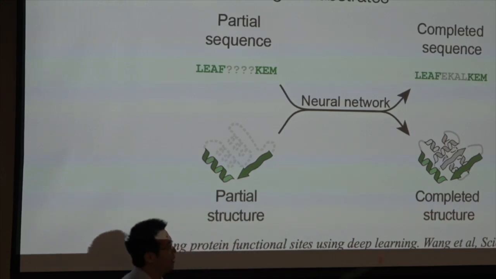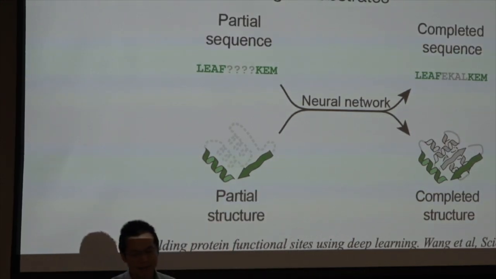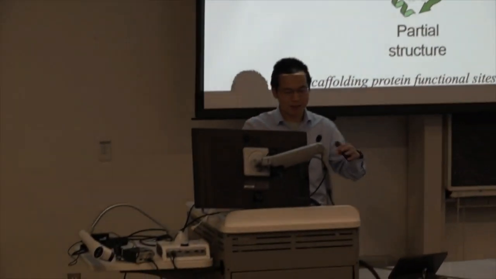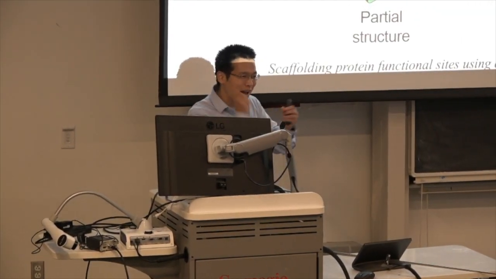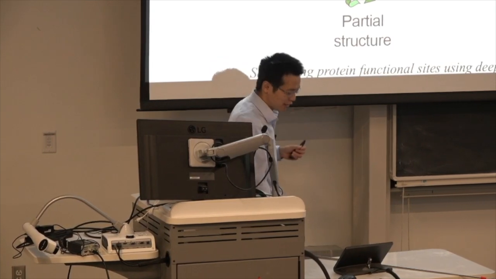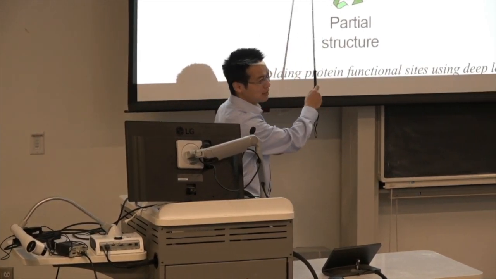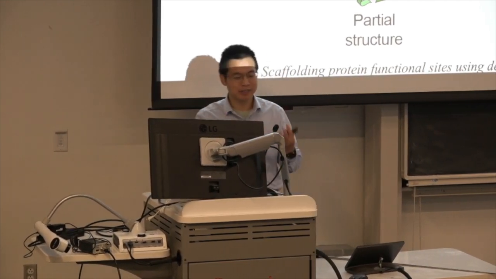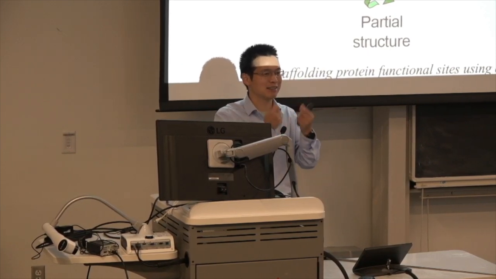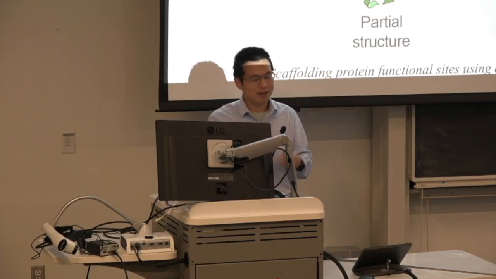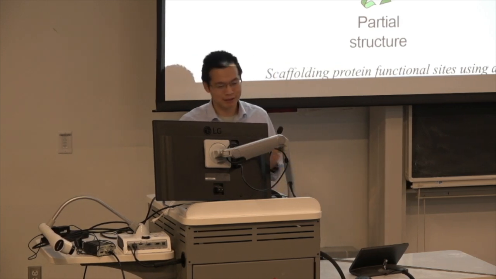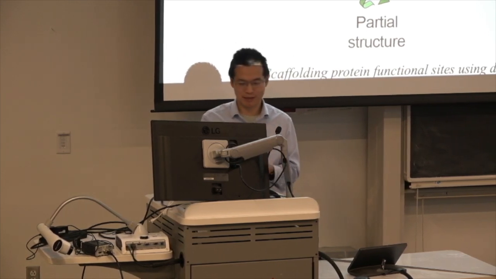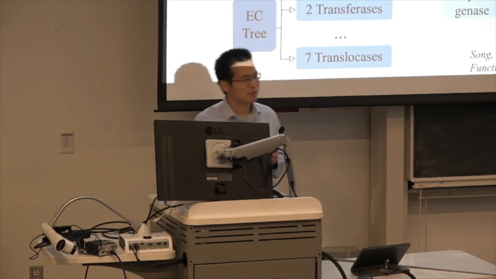So we're predicting the sequence and the structure at the same time. Hopefully in this way, we can generate new proteins that have the same function as our partial sequence, where these partial sequences are mined from existing protein families with the exact same function. These partial sequences are called functionally important sites, and they can be automatically mined from the dataset. So that's the first motivation.